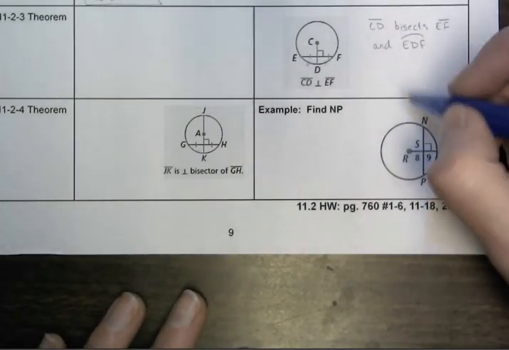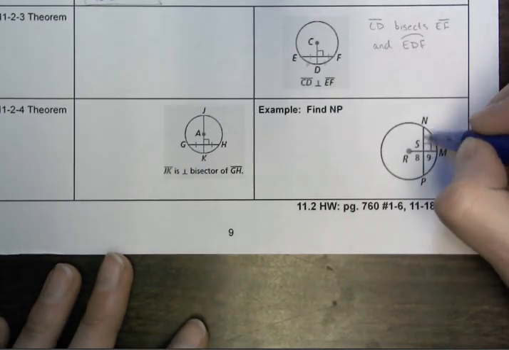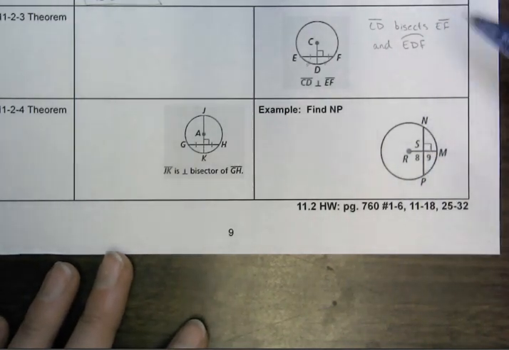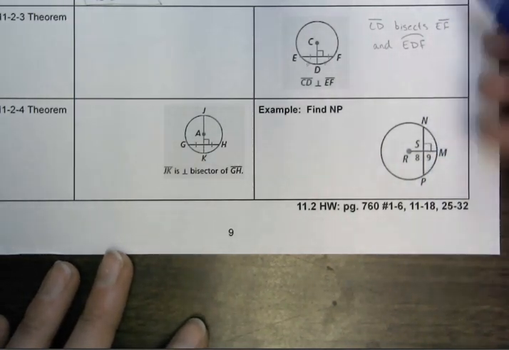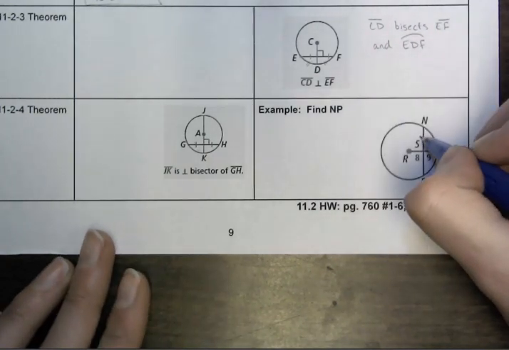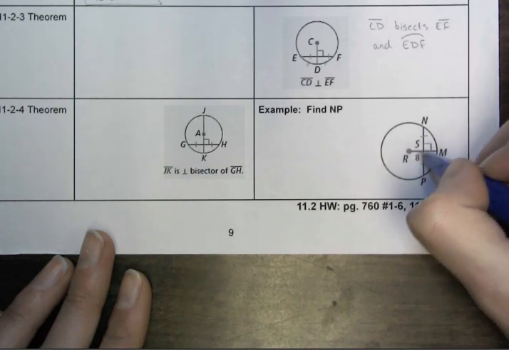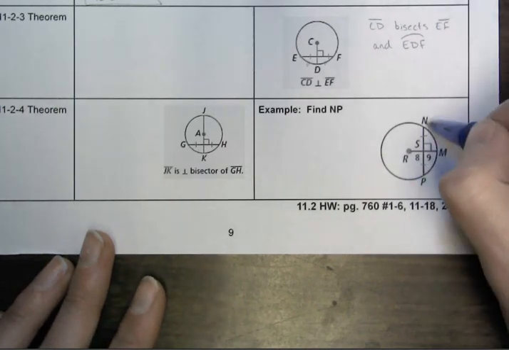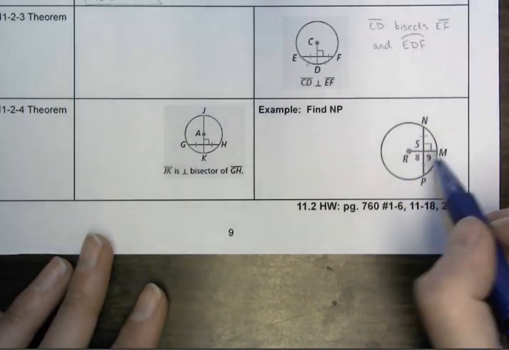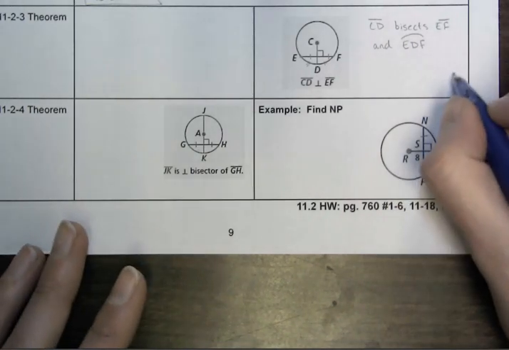So we're going to use that to find NP. So NP is this chord right here. So we want to find the whole length. We should say in particular, this is a perpendicular bisector. So this is a radius, okay, and a radius bisects a chord if they're perpendicular. It's one of these theorems here.